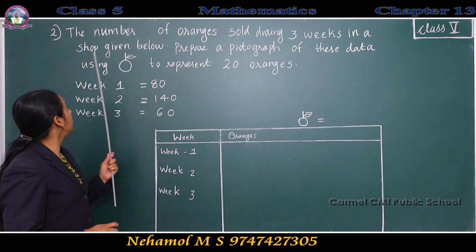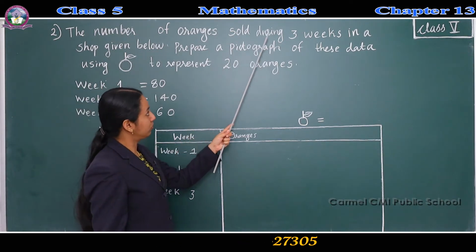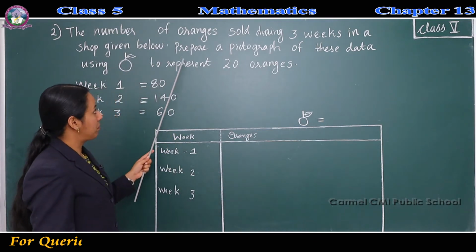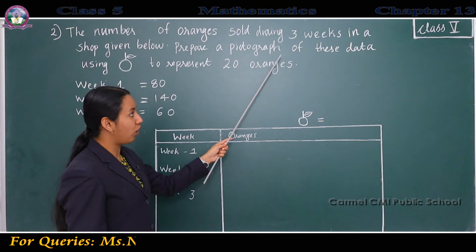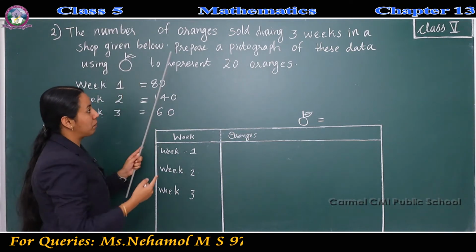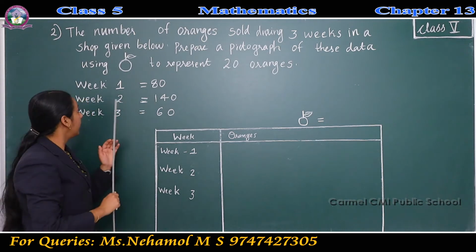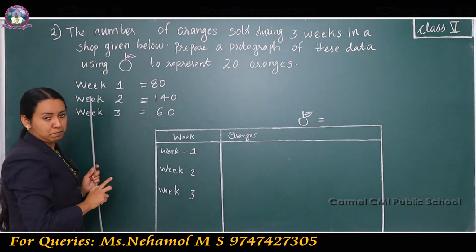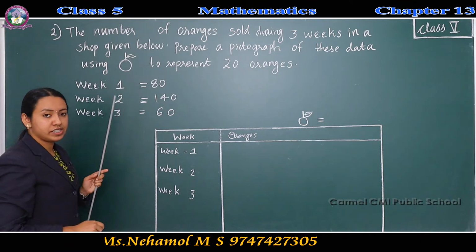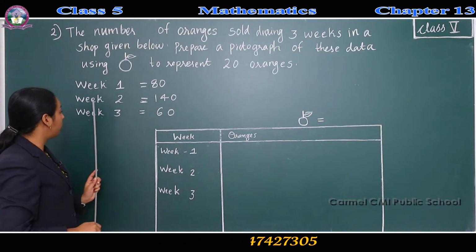Next example, the number of oranges sold during 3 weeks in a shop is given below. Prepare a pictograph of these data using this picture to represent 20 oranges. So here data is given and we have to draw the pictograph. Week 1, 80 oranges. Week 2, 140 oranges.